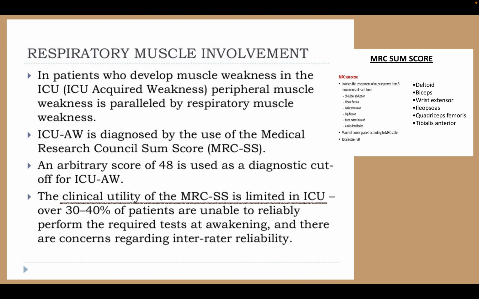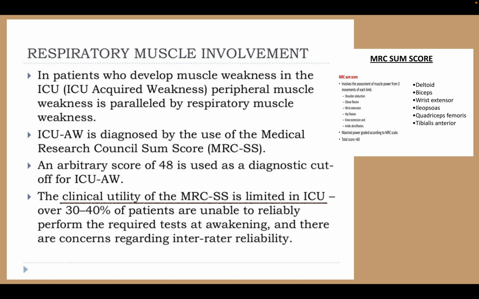We also talk about something called the MRC sum score, which takes into account the assessment of muscle power from three movements of each limb, the maximal power graded according to the MRC scale, with a total score of 60. In patients who develop muscle weakness in ICU, peripheral muscle weakness is paralleled by respiratory muscle weakness.